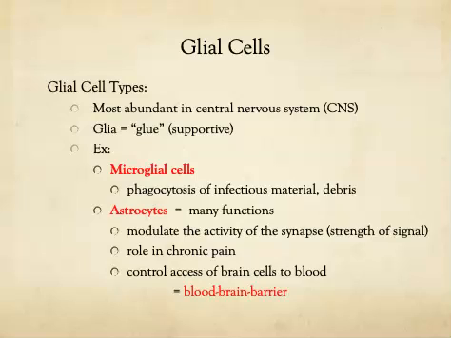So in order for a substance to come out of the blood and gain access to brain cells, they have to pass through astrocytes. So astrocytes greatly restrict what can go into the brain. And if you think about it, that's critically important. You would not want anything to get access to the central nervous system, the brain at least, without a necessity.